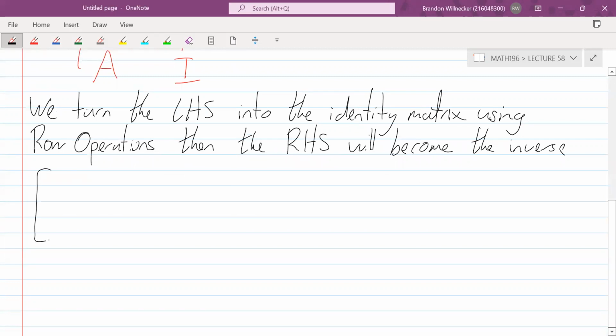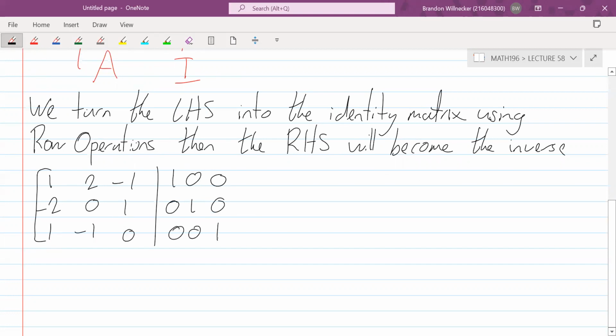So let's just write out our augmented matrix again. So we've got 1, 2, minus 1, 1, 0, 0, minus 2, 0, 1, 0, 1, 0, and 1, minus 1, 0 with 0, 0, 1. The first thing we need to do is to get this first element to be a 1. It's already a 1, so that bit's done.